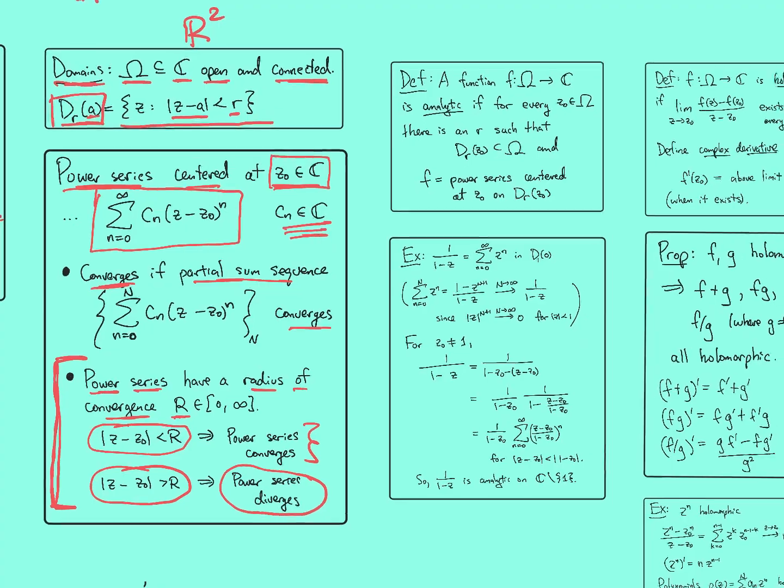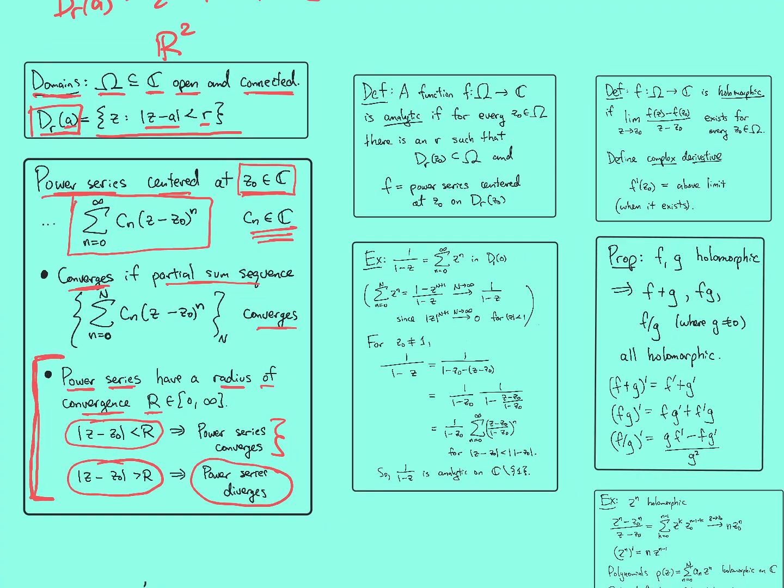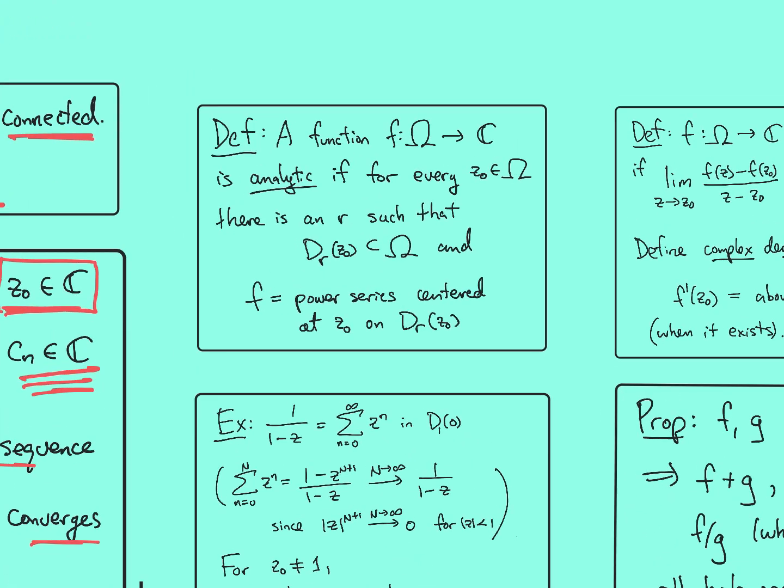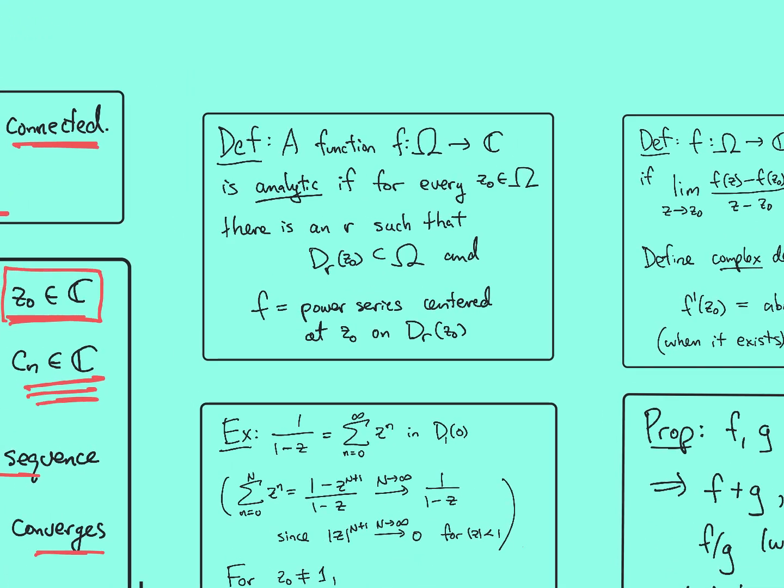Okay, so now here come the main definitions in complex analysis instead of just complex numbers. A function f defined on a domain, with values in the complex numbers, is analytic if for every z0 in the domain, you can find a disk centered at z0 inside the domain.